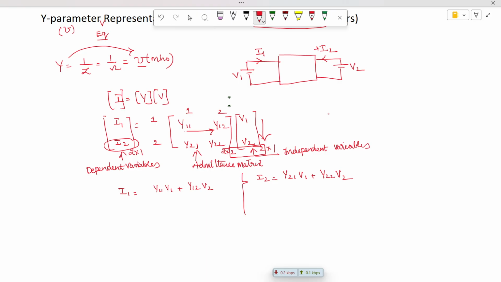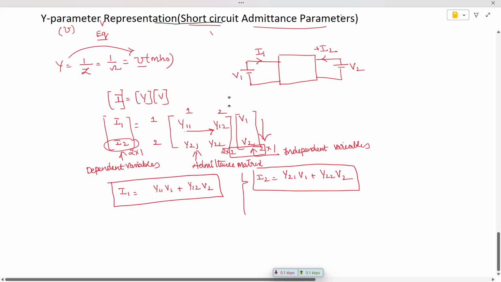These are very important equations, but there is no need to memorize them. If you understand I1, I2 equal to Y11, Y12, Y21, Y22 and V1, V2, then we can automatically frame these equations. From these equations, we should see how these are short circuit admittance parameters.